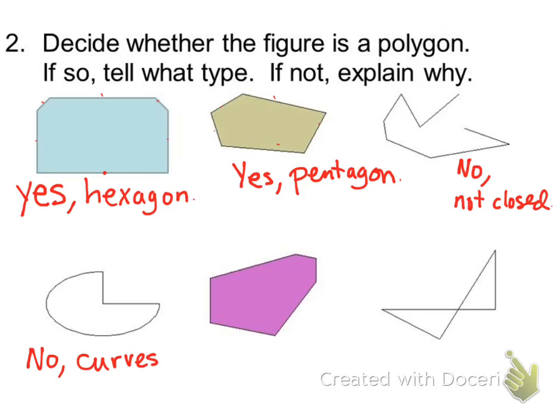Good. Purple one? This is another yes. 1, 2, 3, 4, 5, 6. 6 we already did. It's a hexagon. And then the last one. It's a no. What's your reason on this one? There's an overlap. Good.